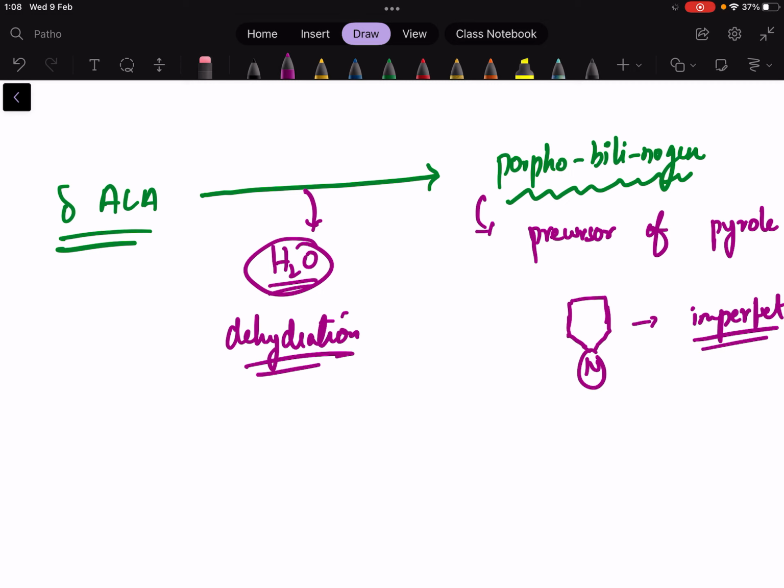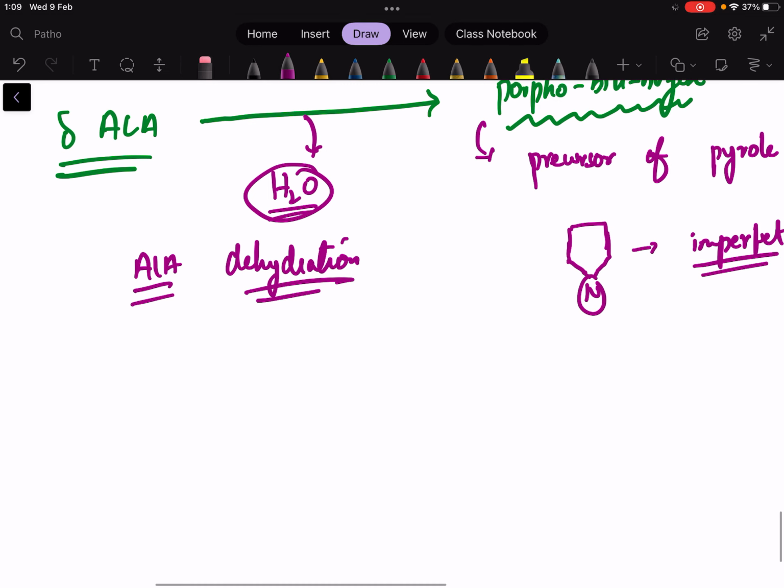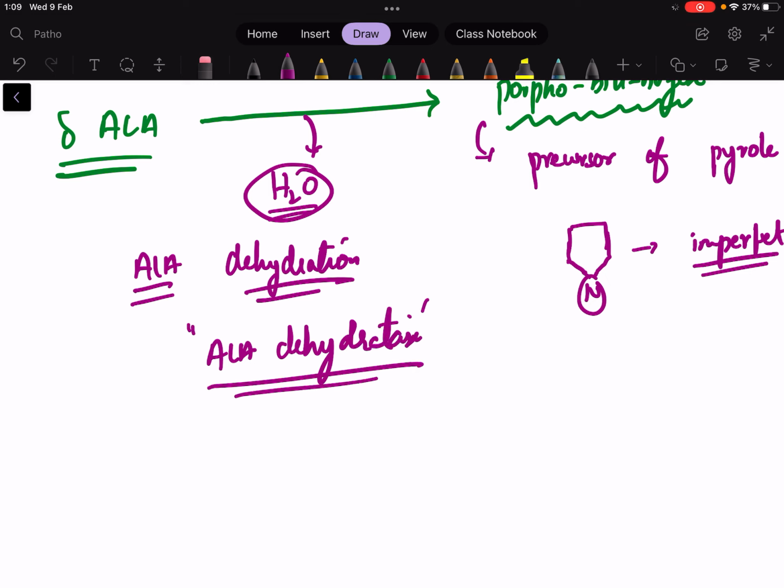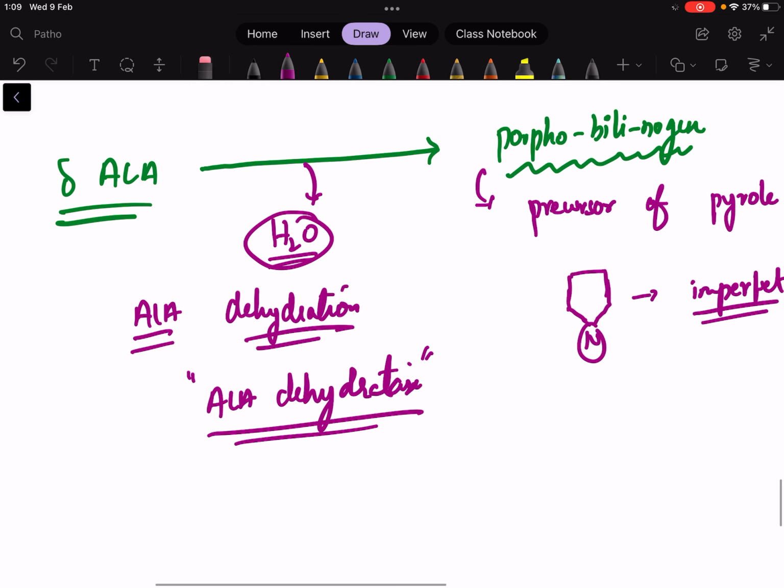So obviously the enzyme name is ALA dehydratase. Why ALA dehydratase? Because there is dehydration. Water is getting kicked out from delta ALA. So that's why there is a dehydration, ALA dehydratase.